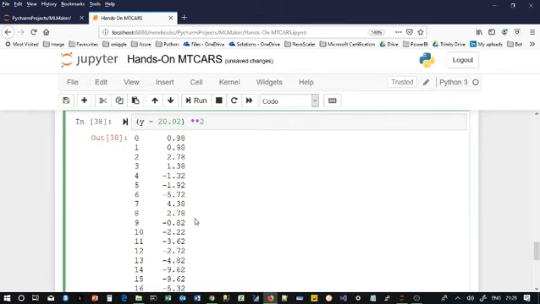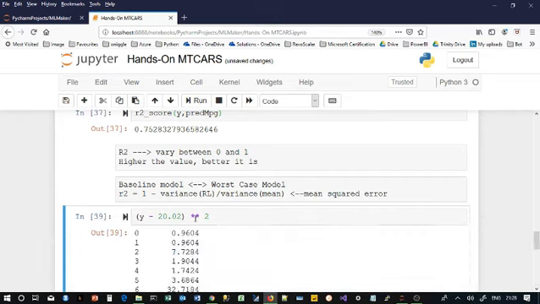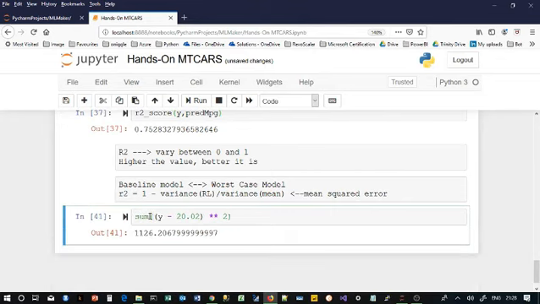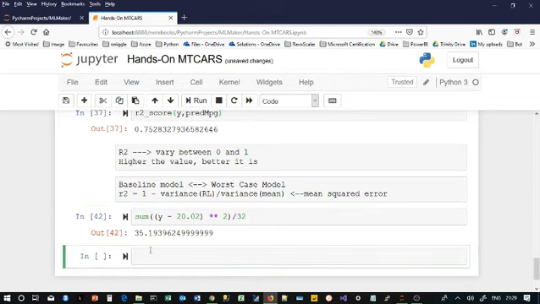Now if I square it, I get these answers. If I sum it, and if I divide it by the number of observations, I get something like this. So this is the variance calculation with respect to the mean line.